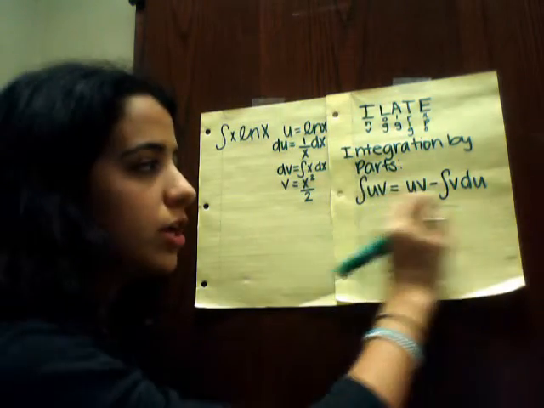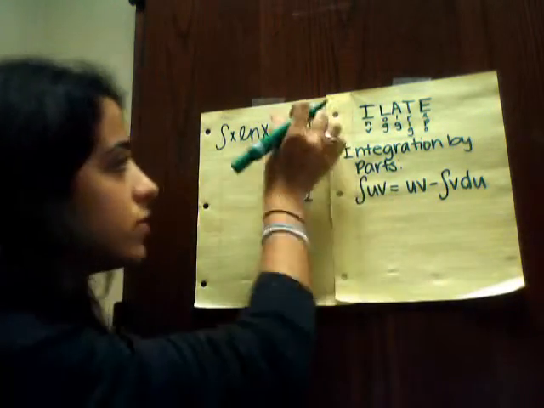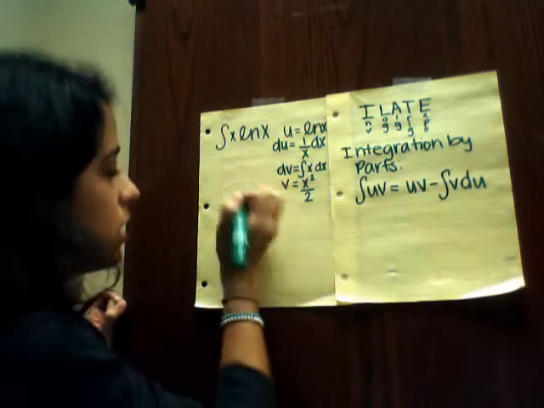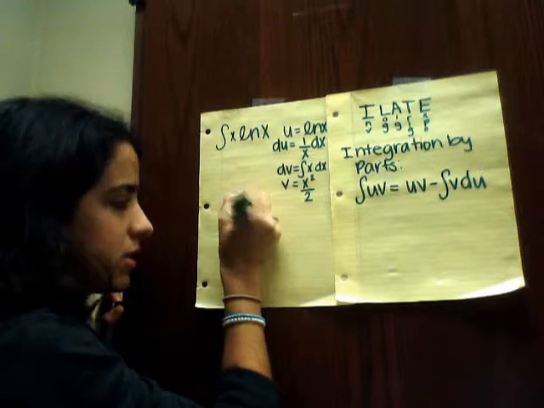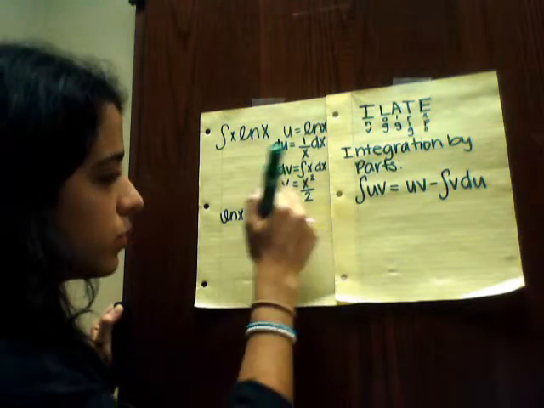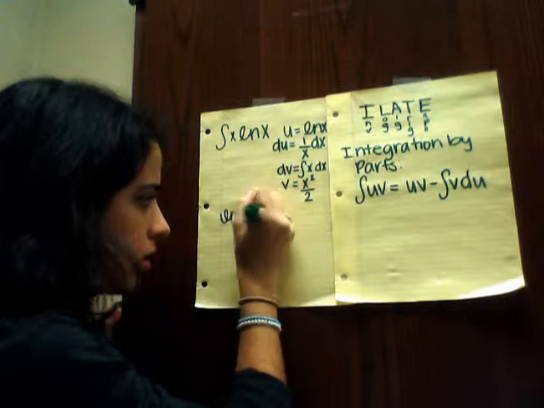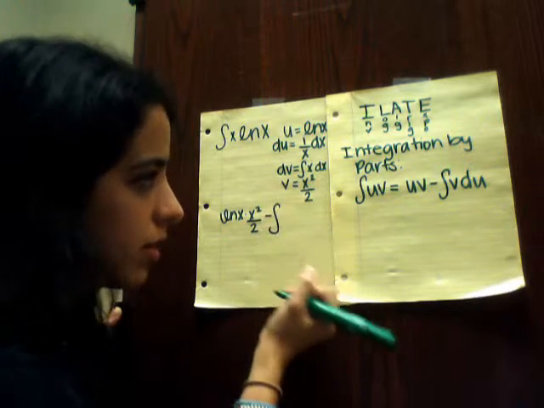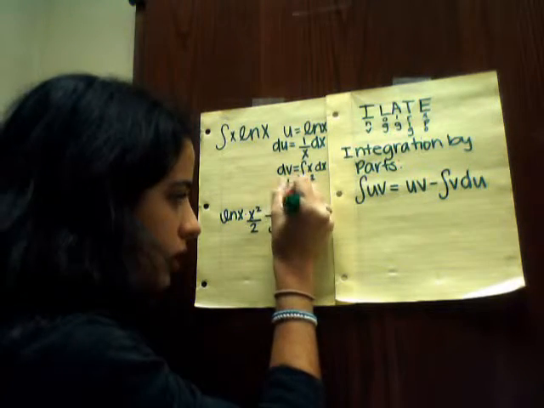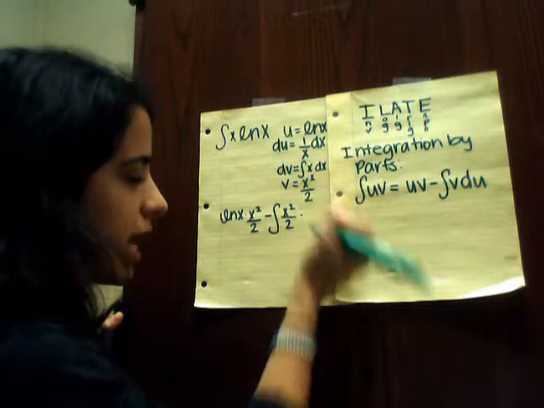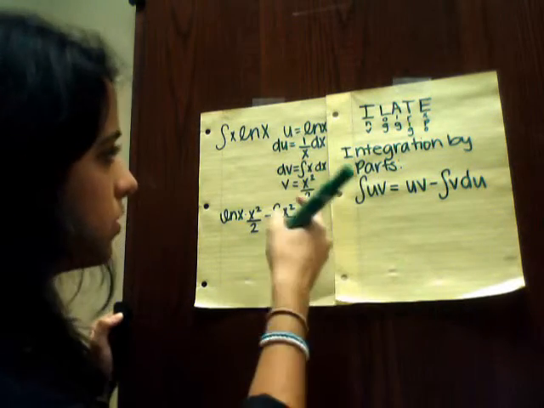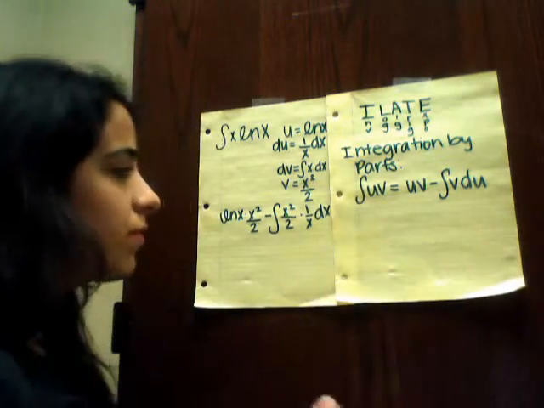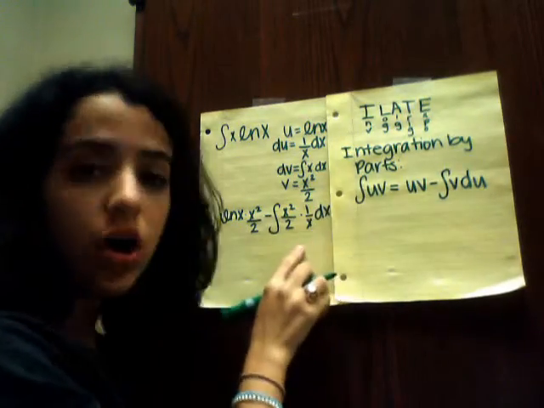So we're going to substitute these new values that we have found into our equation. We have u, meaning ln(x), times v, which is x squared over 2, minus the integral of v, which is x squared over 2, times du, which is 1 over x dx.